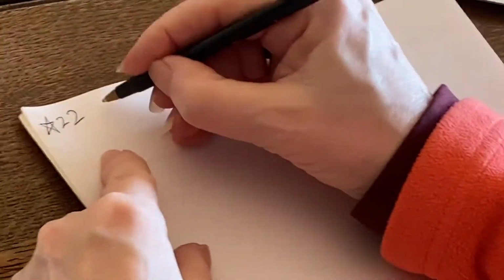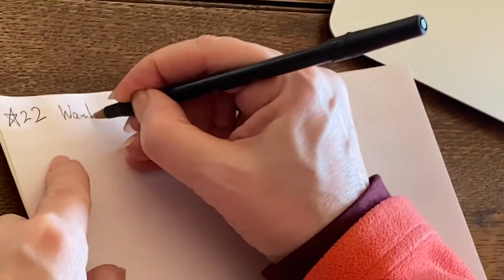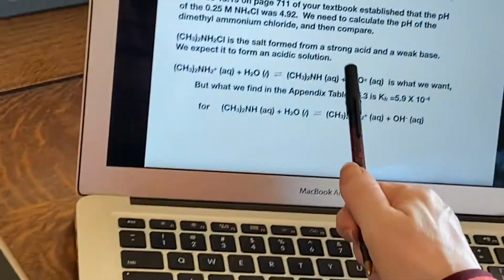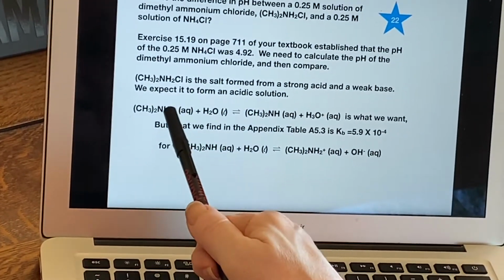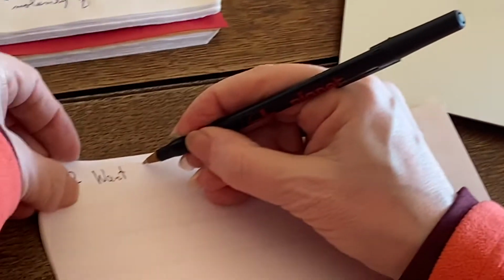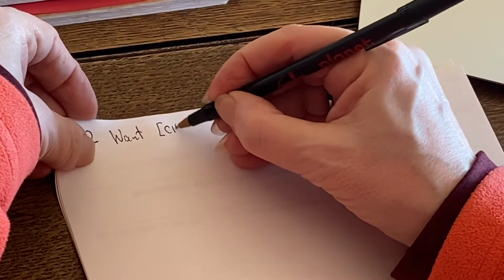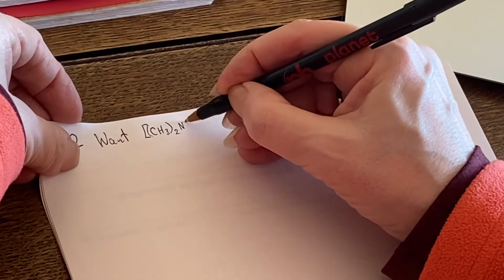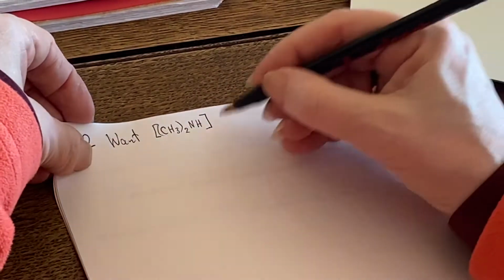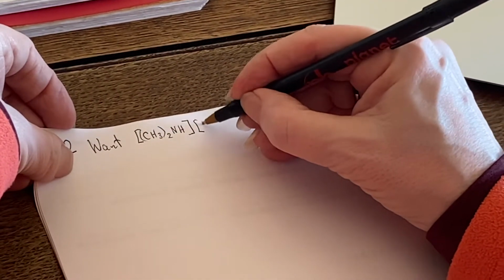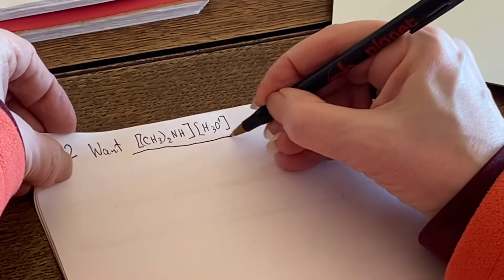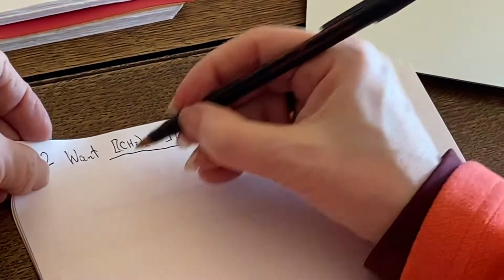What I wanted was to have these guys over this, right? I wanted this concentration and this concentration over the concentration of this.